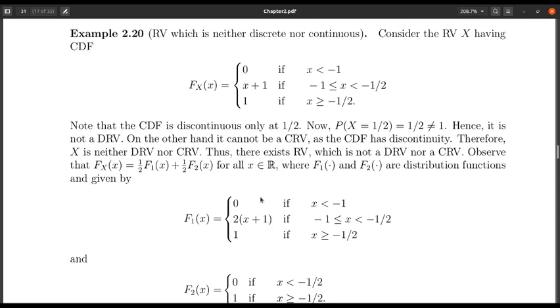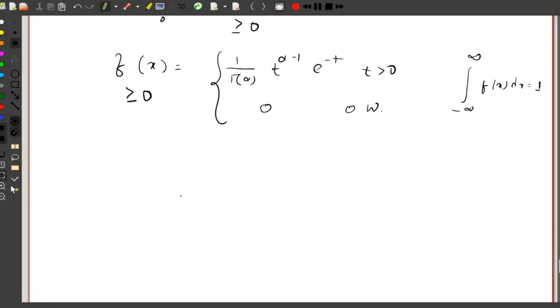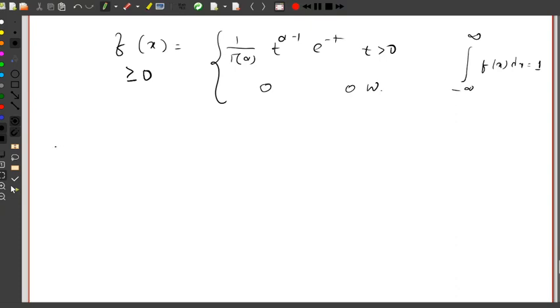So what is the example? The example is given in terms of the distribution function F, which looks like this. Let us draw this distribution function and check how it looks. This is example 2.20.